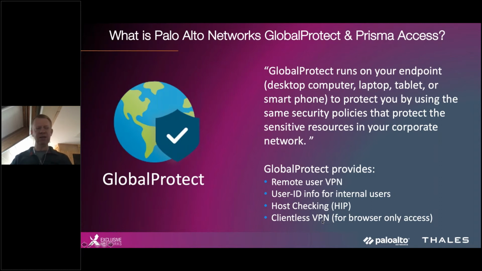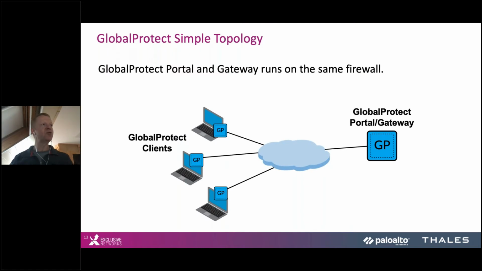Now, GlobalProtect can be installed, and this is the most simple topology, where you have here your firewall, and we have always two components. So you have the GlobalProtect portal and the GlobalProtect gateway.